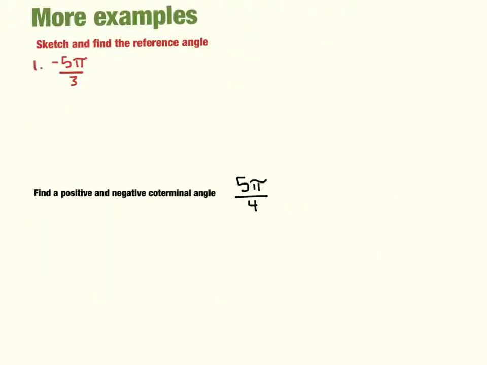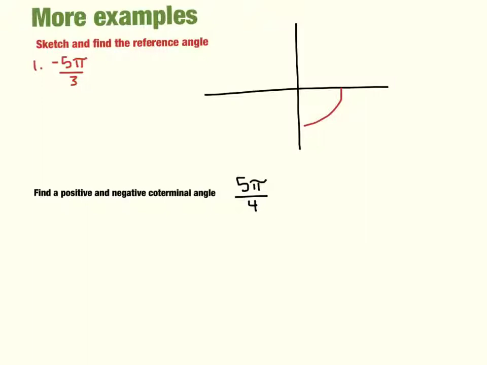We're going to sketch and find the reference angle for negative 5 pi over 3. So, going around, it's a negative angle, so I'm traveling this way. Now, the very first thing that I would hit is I've gone a distance of negative half of pi, right? Well, what's that over 3?